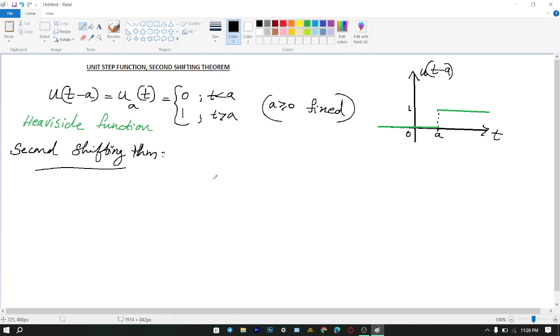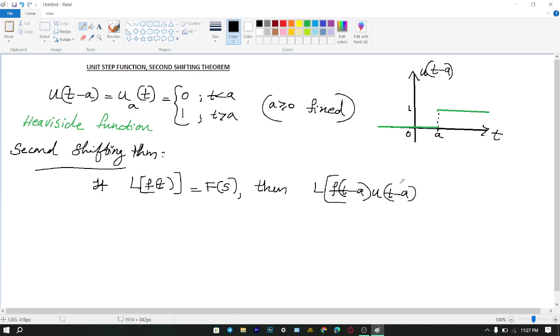Here, if L of f of t equal to f of s, then L of f of t minus a u of t minus a is equal to e raised to minus as f of s. This is our second shifting theorem.